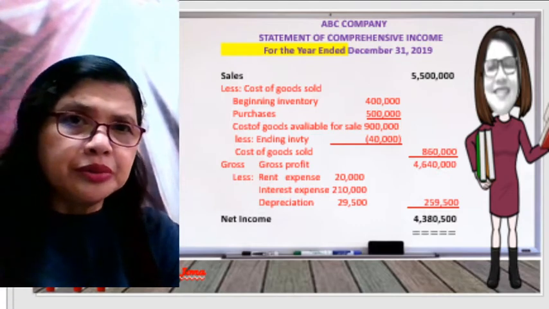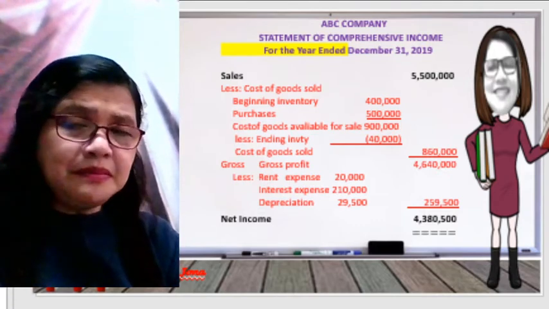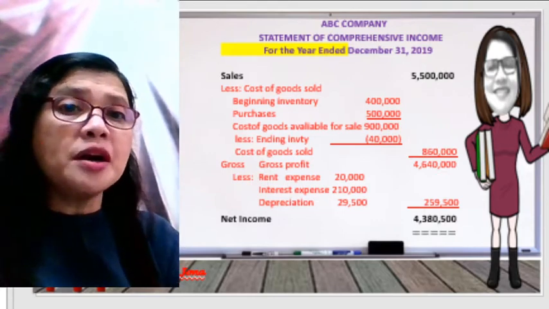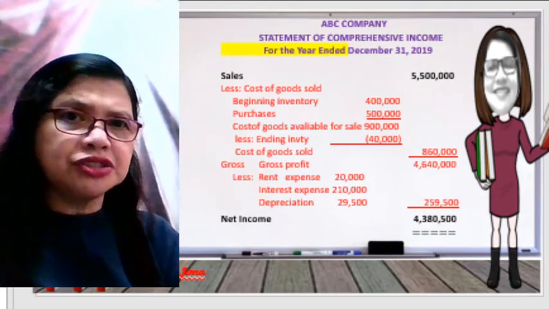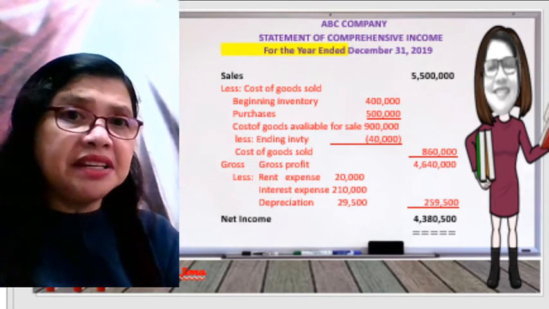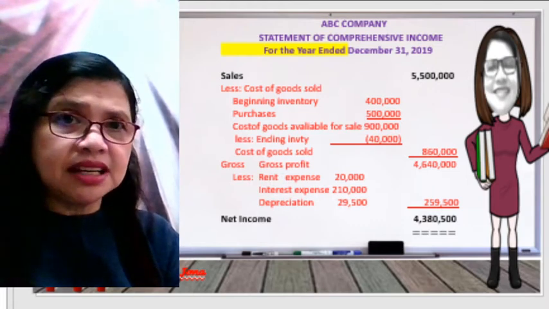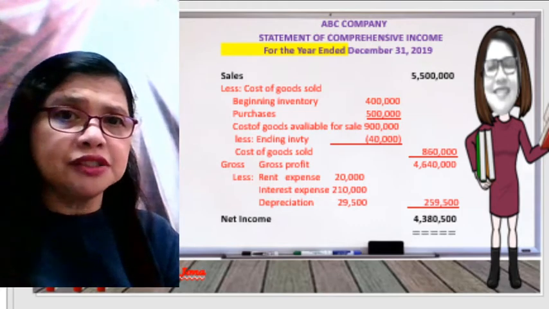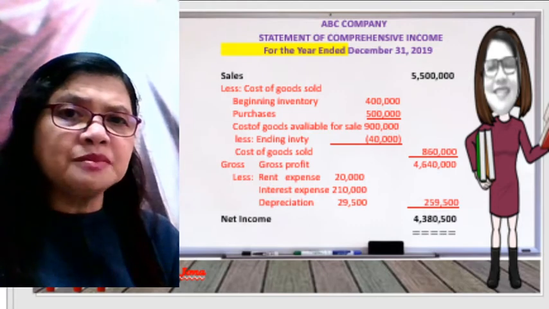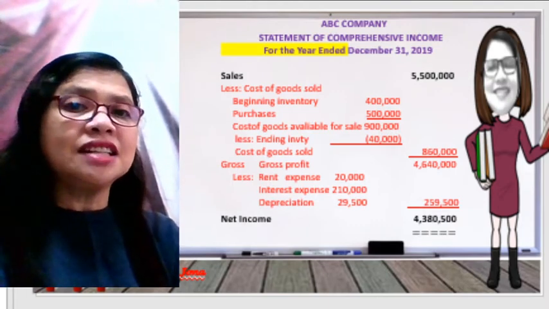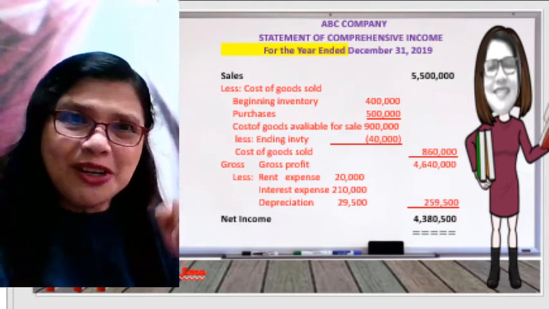So by this period, I want you to memorize already the format. Okay, sales less the cost of goods sold, and what is the composition of your cost of goods sold? Beginning inventory plus the purchases equals your COGAS or cost of goods available for sale, less the ending inventory, then it becomes your cost of goods sold. So your cost of goods sold is deducted from your sales.